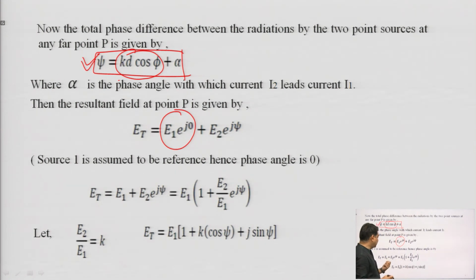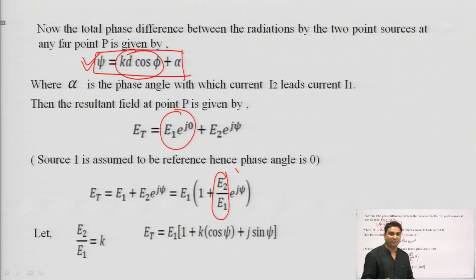And finally, E t is equal to E 1 plus E 2 e to the power j psi, and when we take E 1 as common, then E 1 times 1 plus E 2 by E 1 e to the power j psi. There is no complication in writing this formula, and when E 2 by E 1 is equal to k, a constant, then this E t can be written as E 1 times 1 plus k cos psi plus j sin psi, meaning e to the power j psi can be written in the complex form with cos and sin.